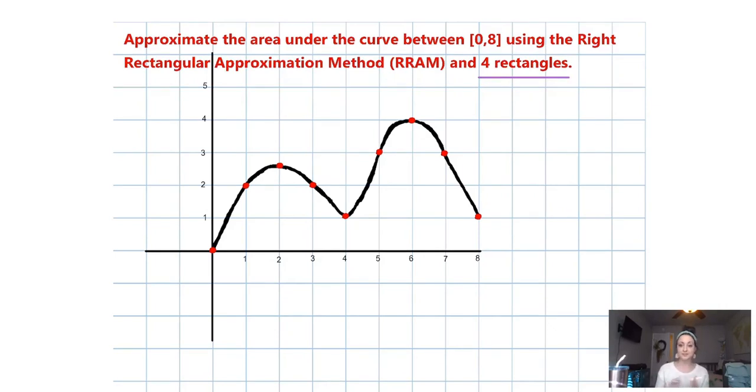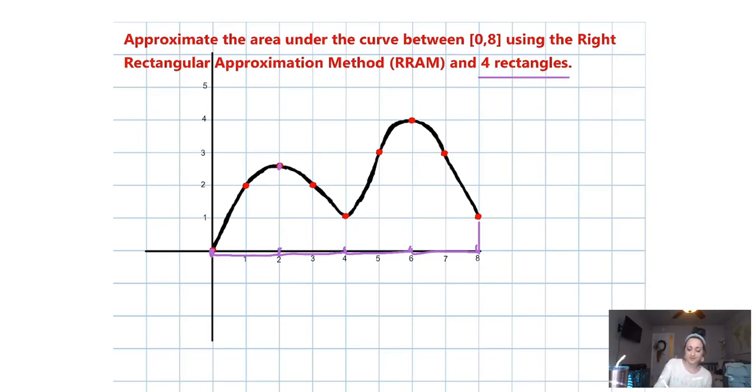So if I'm going from 0 to 8, so from here to here, and I want 4 rectangles of equal width, how long should each width be? Should be 2, right? So let's mark those off. Let's go 0 to 2, 2 to 4, 4 to 6, and 6 to 8, okay? Now if I want to use RRAM, the right rectangular approximation method, so 2 is going to be your right endpoint, right?